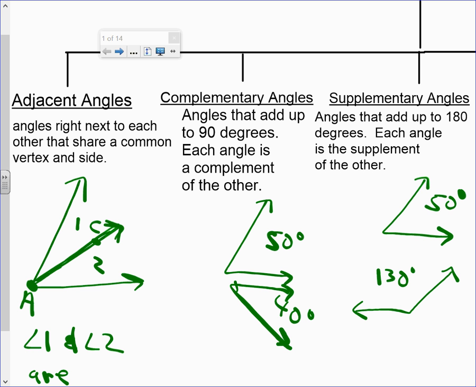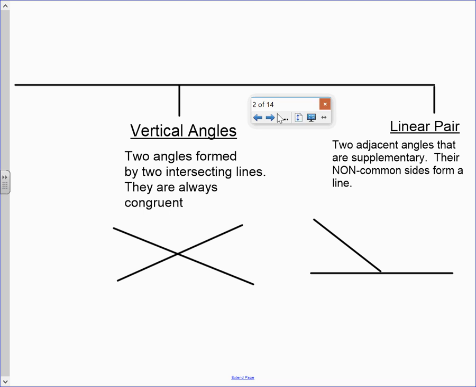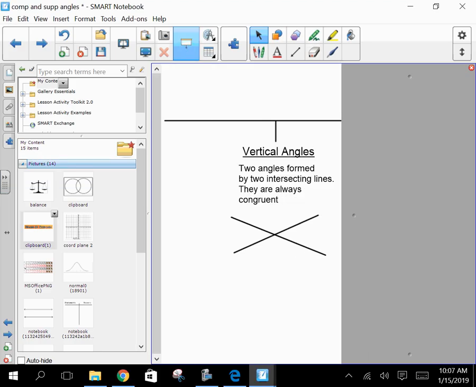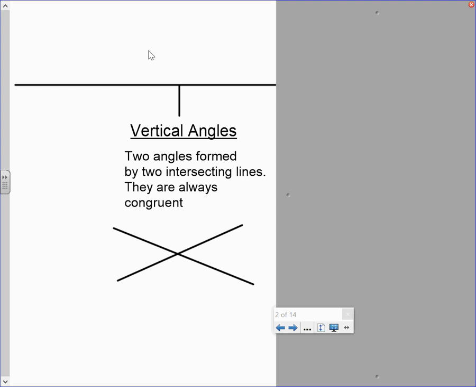2 to go. So we're on our fourth branch. The fourth one is called vertical angles. Two angles formed by two intersecting lines, they are always congruent.